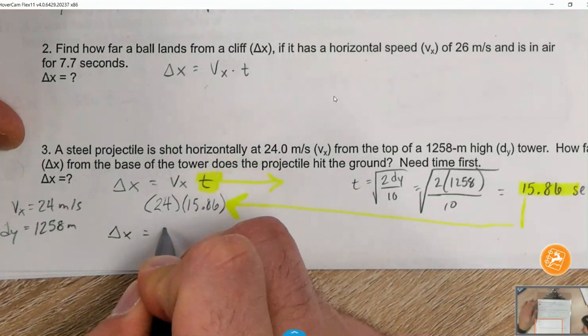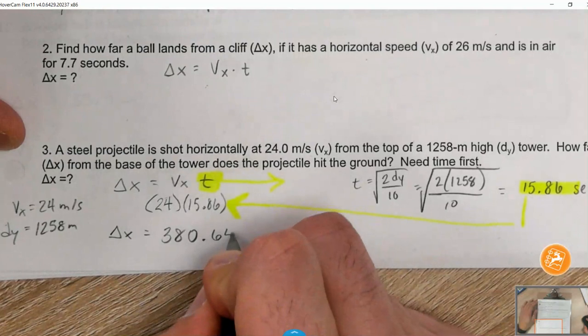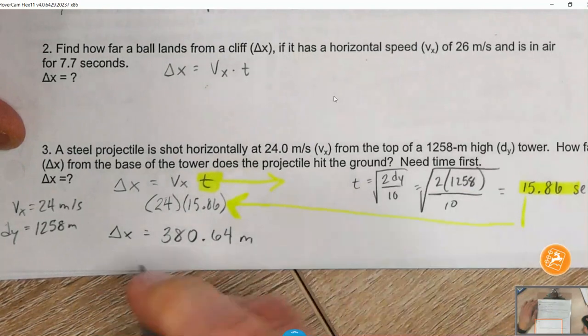And then delta x comes out to be 380.64, and the unit is meters.